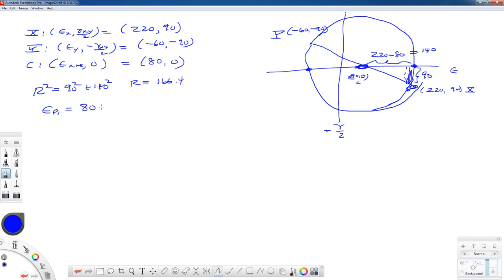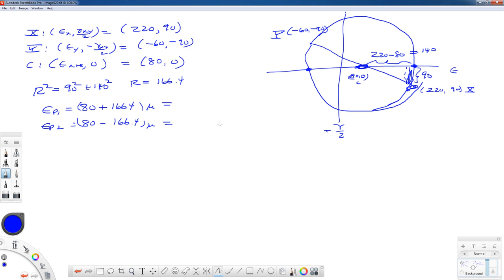So epsilon P1 is the average plus this radius term. Epsilon P2 is the average minus this radius term. And again, those are in units of microstrain.